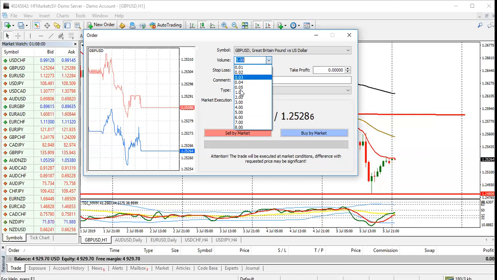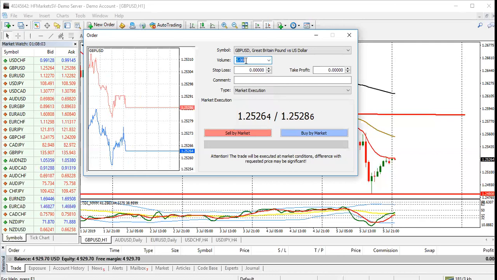0.10. It's not here, but you can always adjust it here. Remember, you can adjust it here. 0.10, that is the mini lot size. You can adjust any number inside the volume. 0.20, that's the range of the mini lot sizes. 0.30, you can adjust it. 0.40.